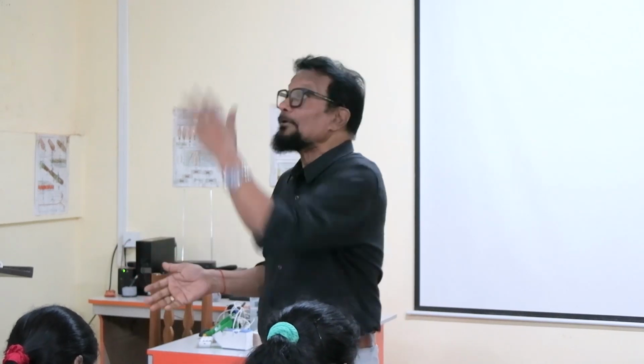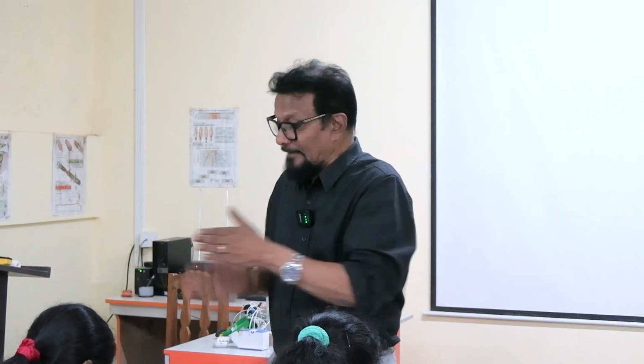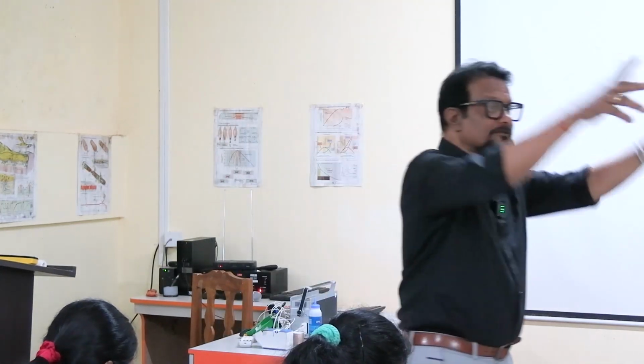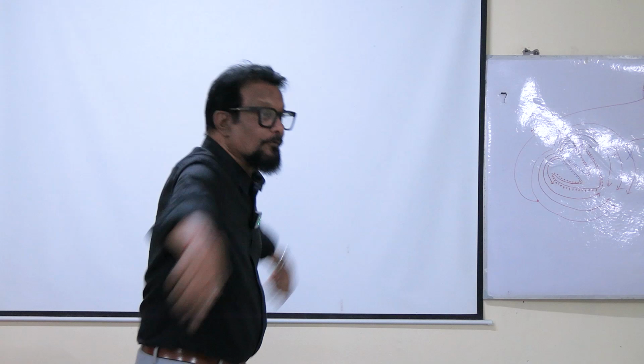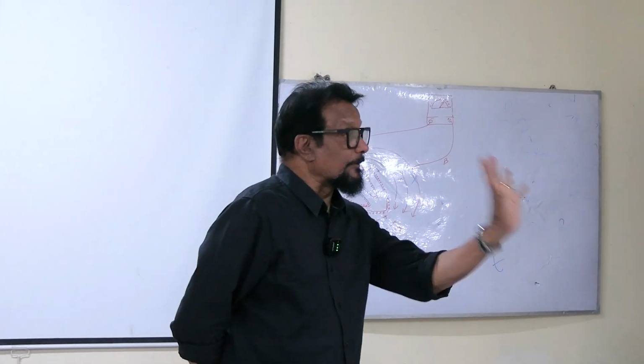After the bundle of His bifurcates into the left bundle branch and right bundle branch, the right side of the septum gets the impulse later than the left side, as I have explained. Then it will proceed toward the apex. From the apex, the impulse will spread throughout the ventricular wall towards the base. So this is how the impulse spreads in the heart. You have to remember this.